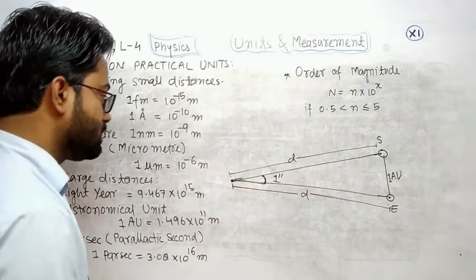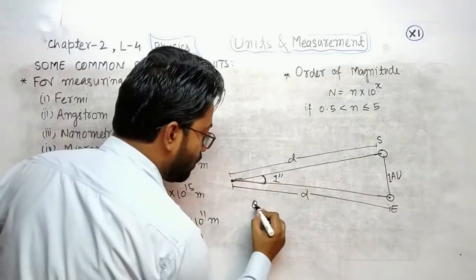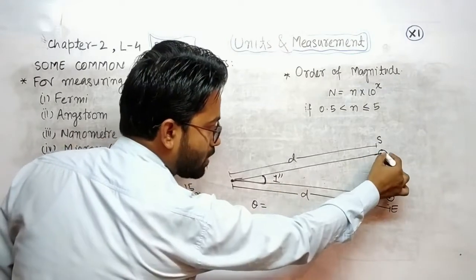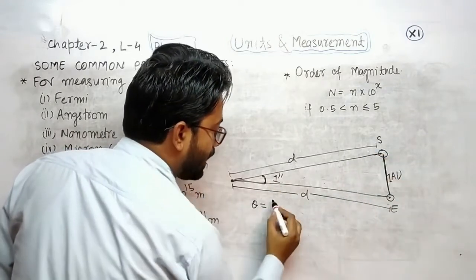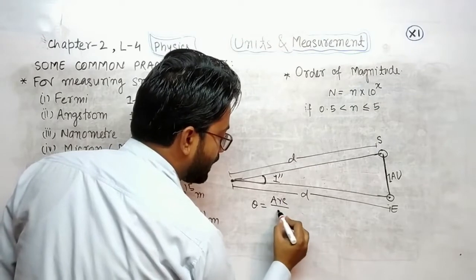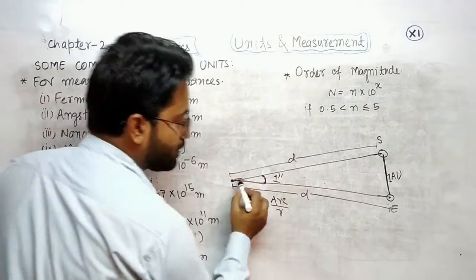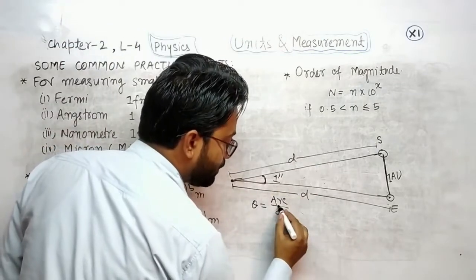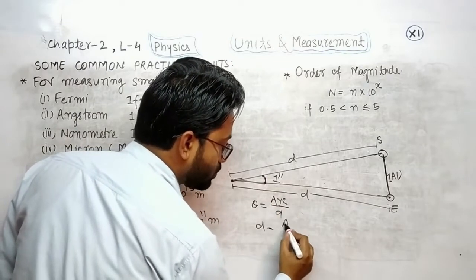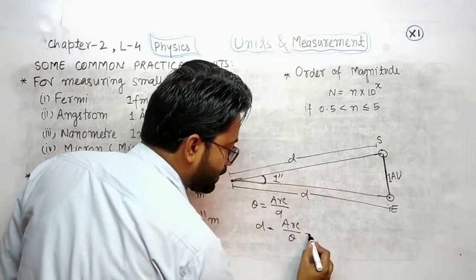Here is how you will calculate 1 parsec. You all know that theta is equal to arc by radius. The radius is here, d. d is equal to arc upon angle.